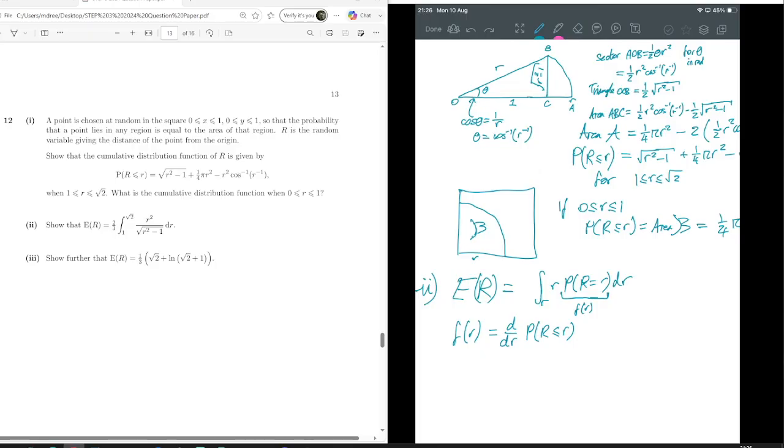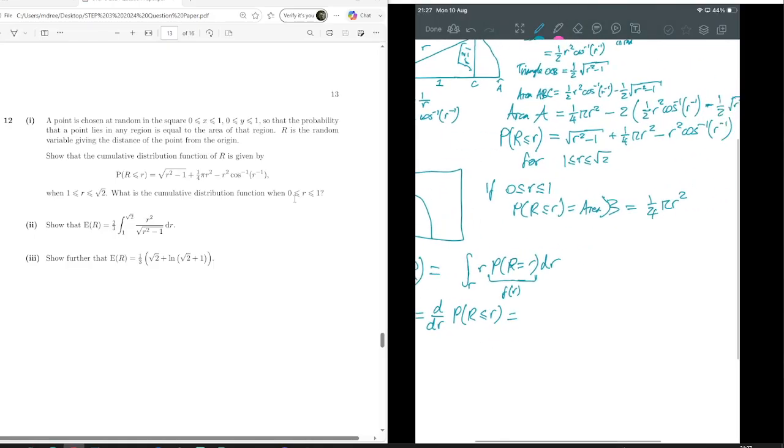And one thing to notice is in the solution we've only got the limits of 1 and r, but really we should be integrating all the way from 0 to root 2, because that's when we've got a non-zero probability. So where has the integral from 0 to 1 gone, and are we worried about it? Right now I am a little worried about it, but let's go ahead and find this function first.